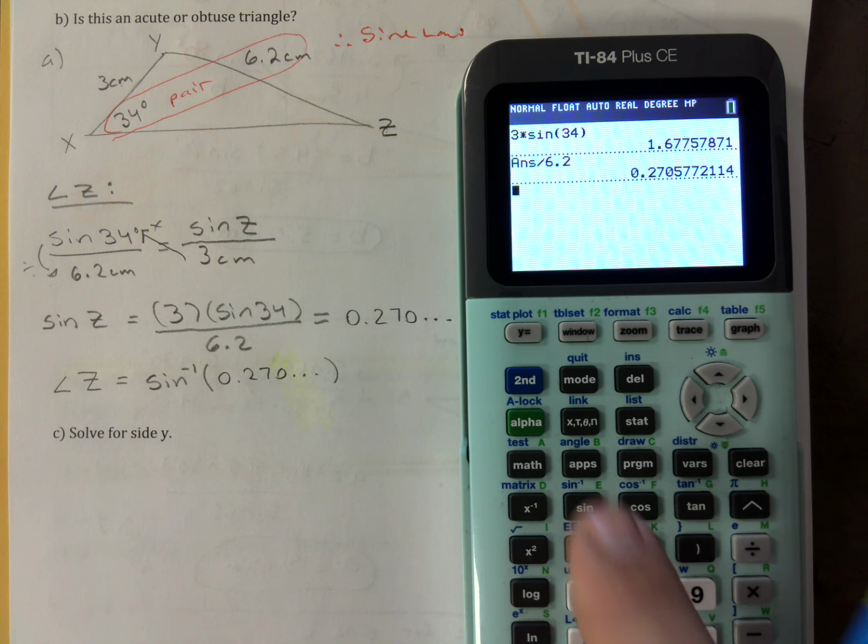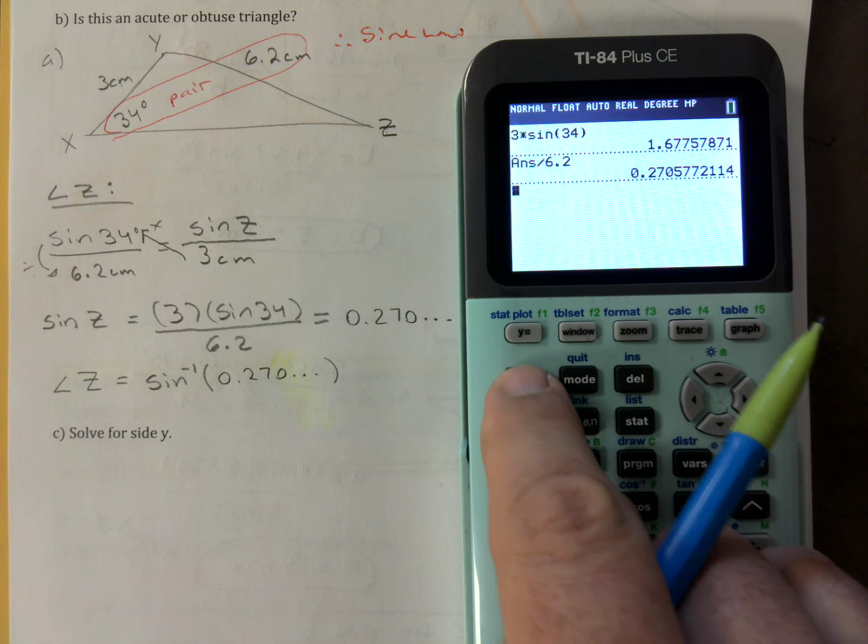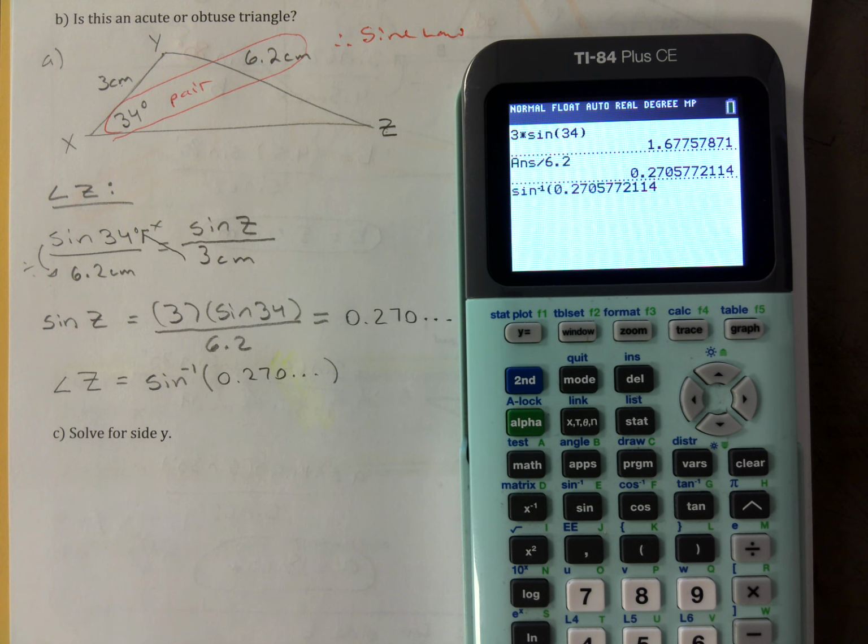You have to press second. And as soon as you press second, you'll see an arrow going up. Then you have to press sine, which is right here, under the apps button. That's now you have inverse sine. And then you have to go arrow up, copy paste that decimal into the inverse function.